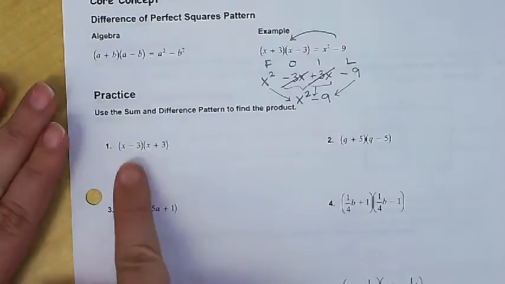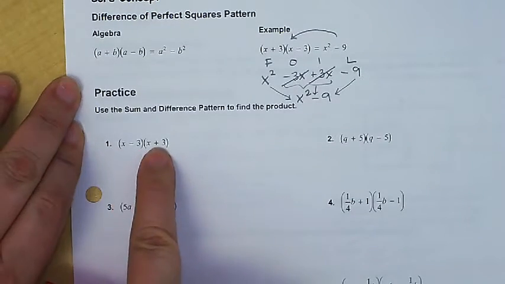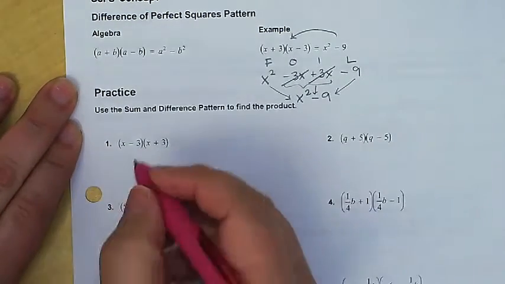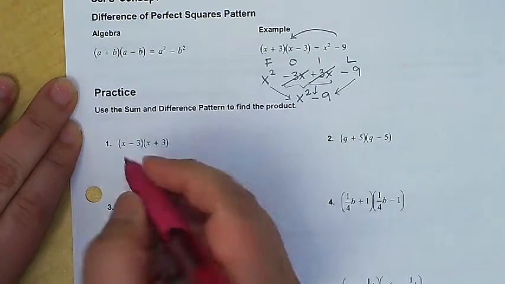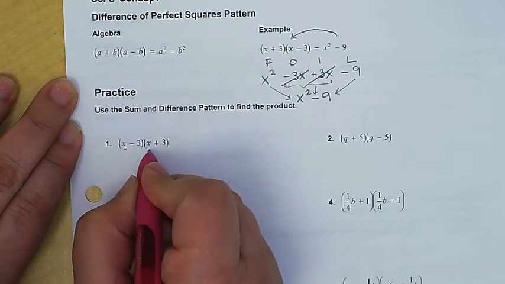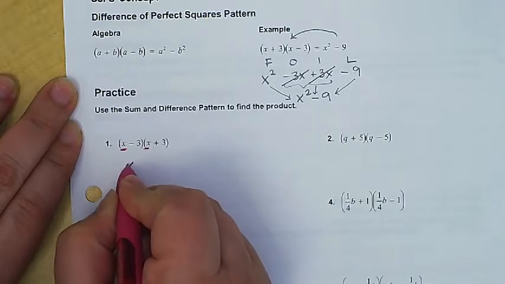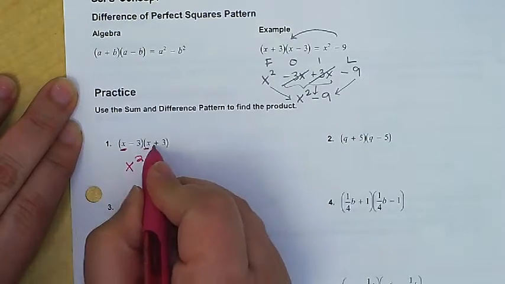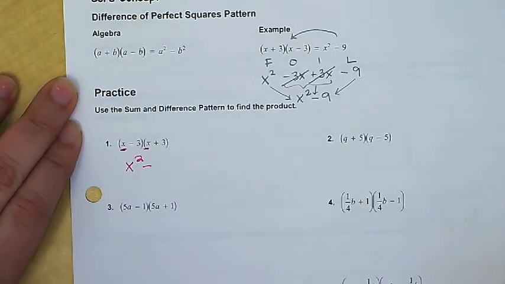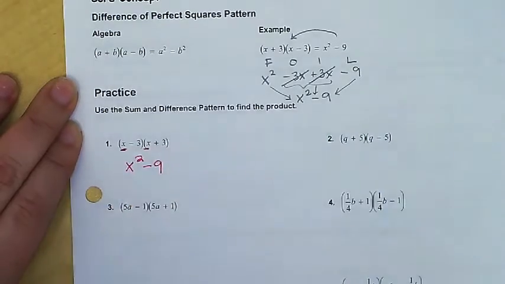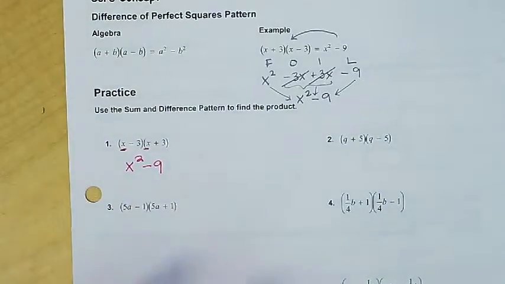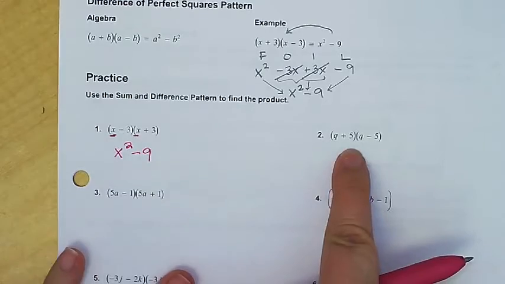Because as soon as you can identify that it's that special type of product, I can say, oh, these are the same binomial but opposite signs. So my result is going to be this first term squared, so that's an x squared. And then the different signs are going to produce a negative in the middle there. And then 3 times 3 is 9. So that's really the same one we did here. I just realized that. Okay, let's try the next one though, because it is that easy.